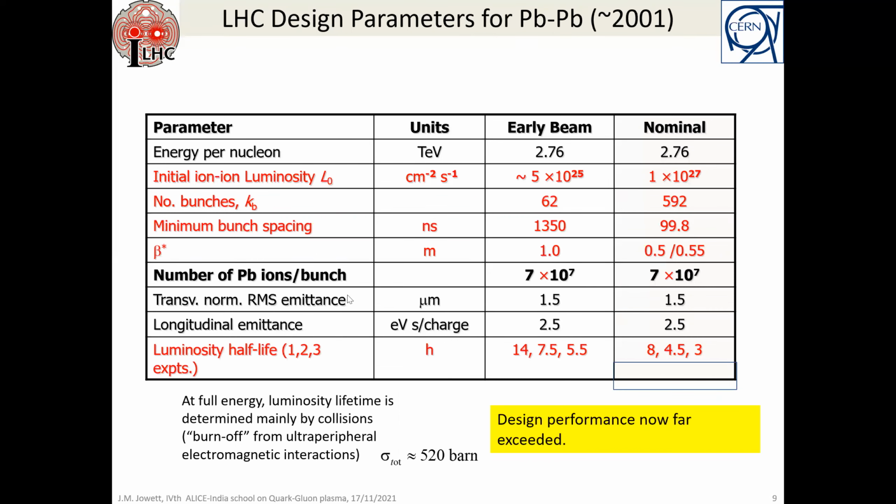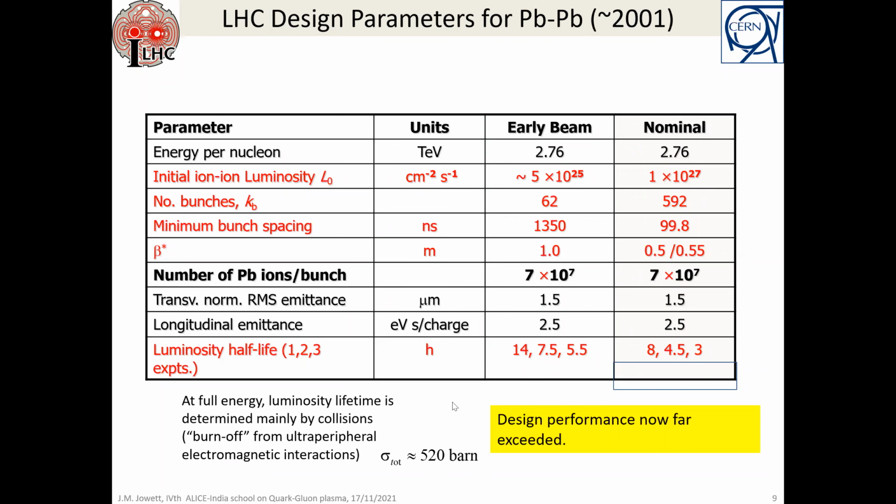The number of lead ions per bunch was nominally 7 × 10^7. Beta star was down to 0.5 or 0.55 meters at the collision points. The normalized emittance was 1.5 micrometers. I haven't discussed longitudinal emittance.